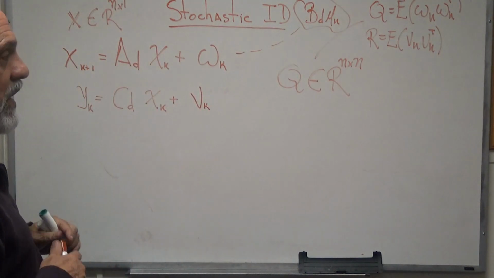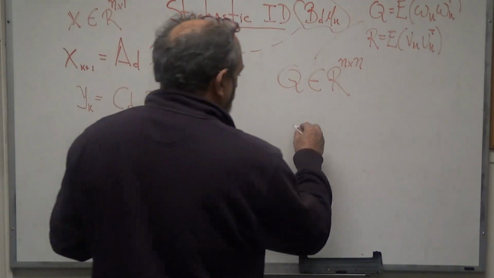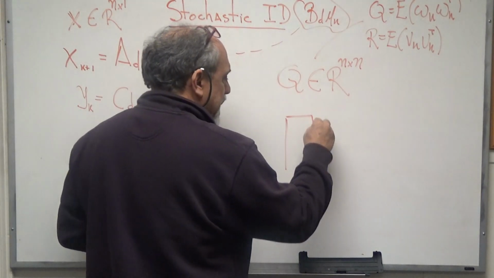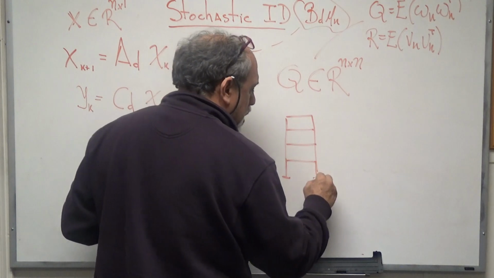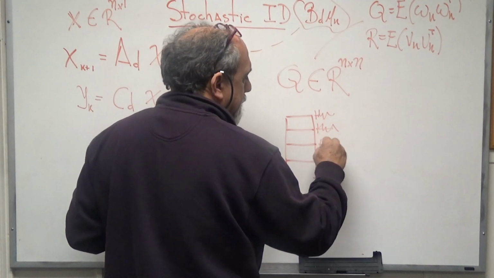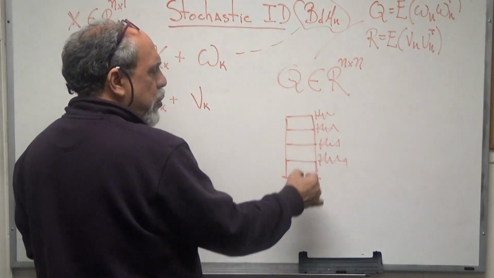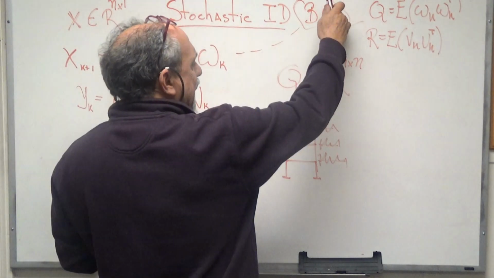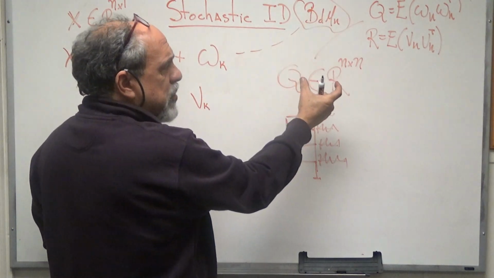that are acting on the structure. In general, even if you assume, for example, that in a building like this, you have a wind load acting on every level, then in a 4-story structure, the UK would be 4 things, right? And the BD would be a matrix with 4 columns.